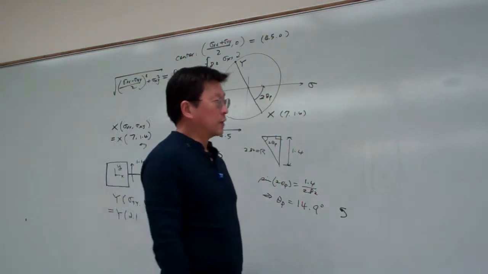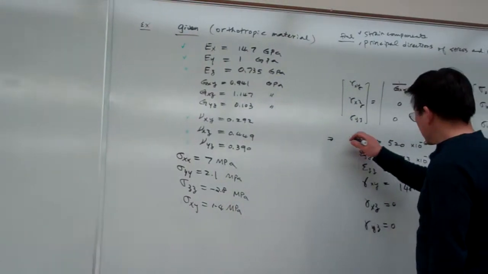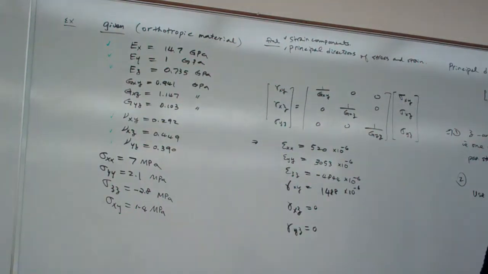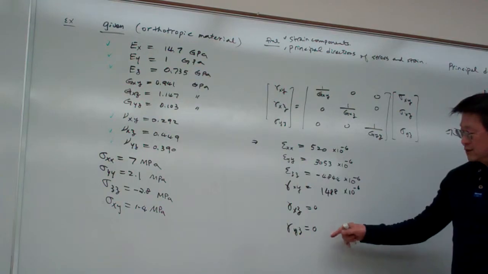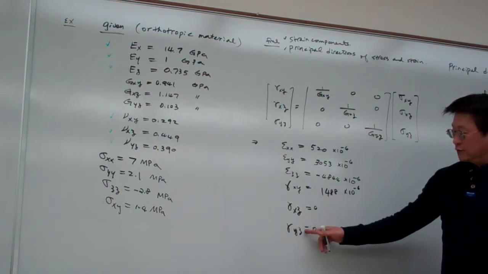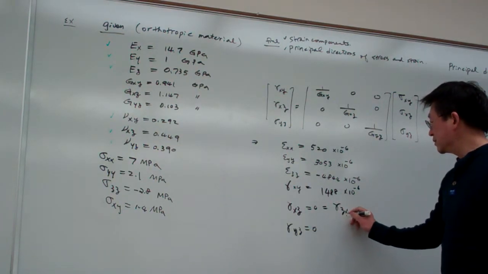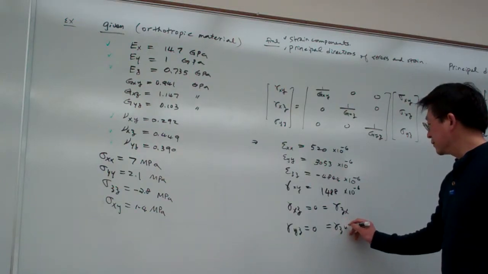Now, in a similar way, we calculate strain. So strain has these components, and again, observing the strain components from the two components here, that means gamma zx and this is gamma zy.